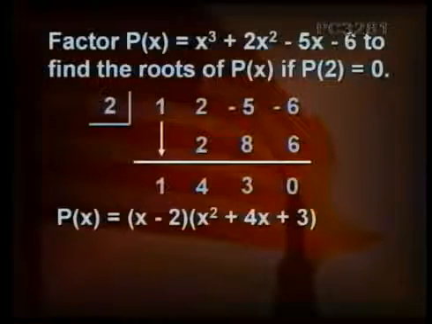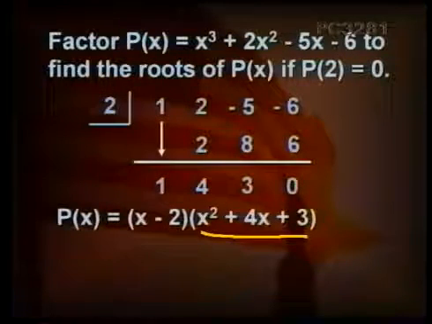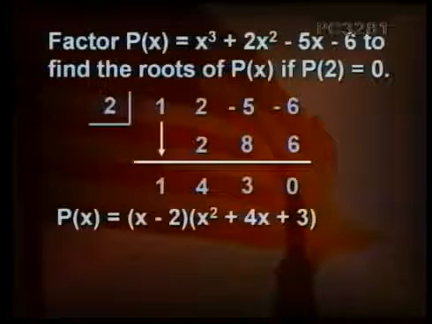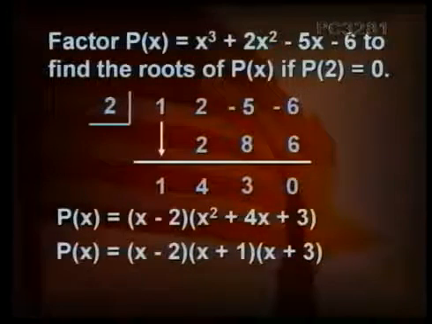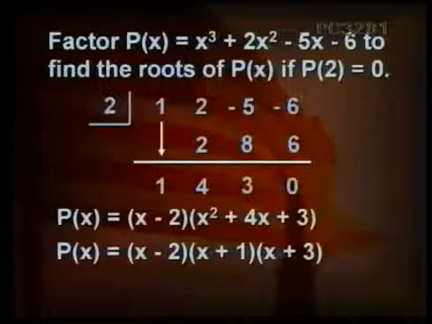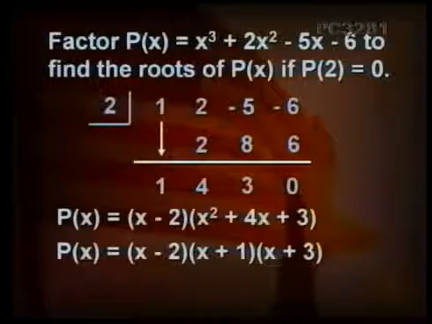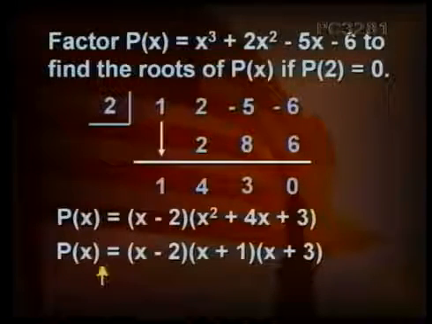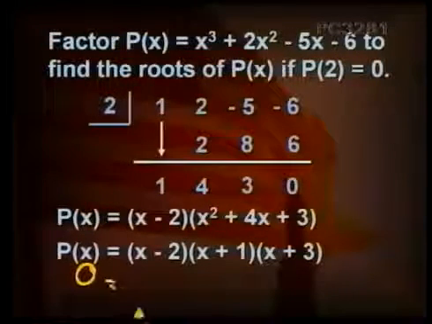We should be able to factor this quadratic, second degree. That would factor into x plus 1 times x plus 3. So now, once we have completely factored the polynomial, we can find all of our roots. When is this going to equal 0?